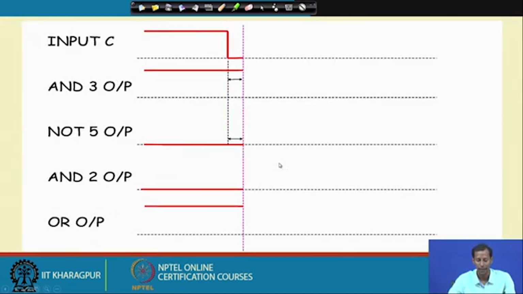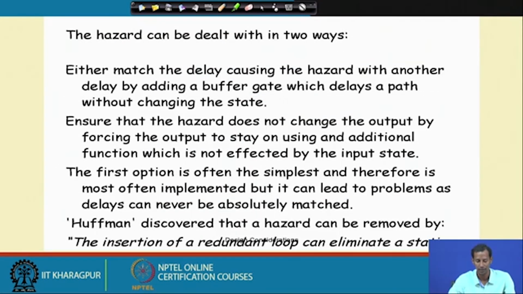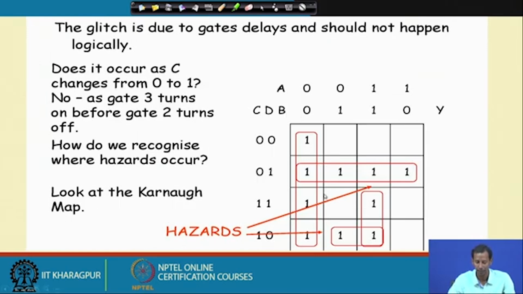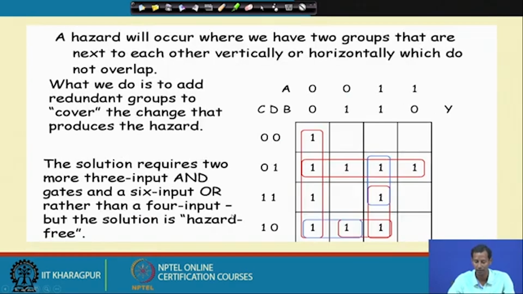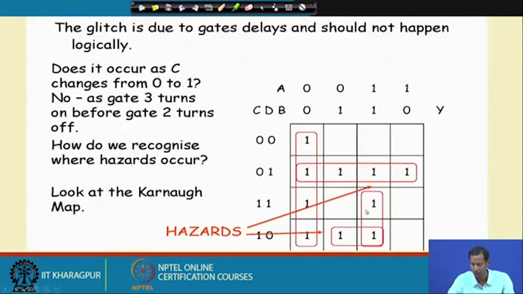Okay. So, after that what can I do? This particular term, that means this expression, is basically creating the hazard. So, to reduce that, what do I have to do? I have to take here what is happening. So, that means all the ones are basically covered. This is the minimal logical expression you can take from the Karnaugh map, right.